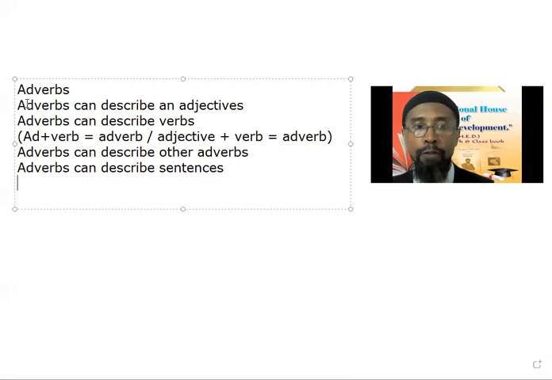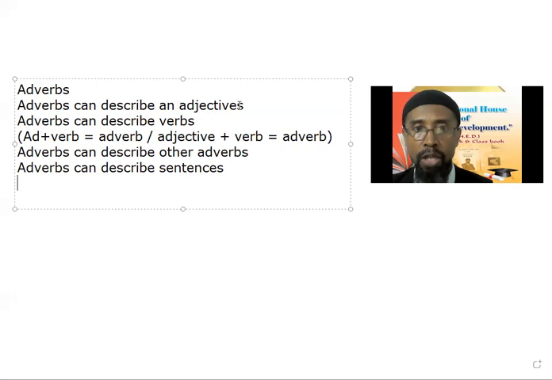So if you look, when it's describing an adjective, it's going to be before an adjective. When it's describing a verb, it's going to be before the verb, except for the verb to be. It can actually go after it as well. And then we have adverbs can describe other adverbs, and adverbs can describe sentences. So you can see here 1, 2, 3, 4, but I'm also going to explain how we get 5.